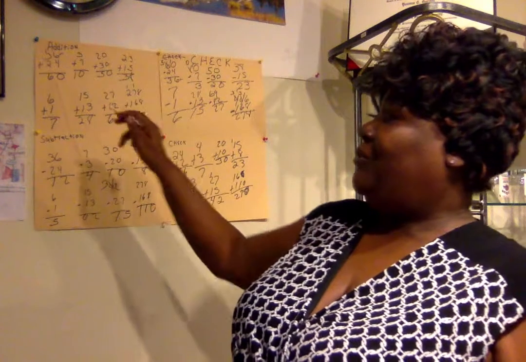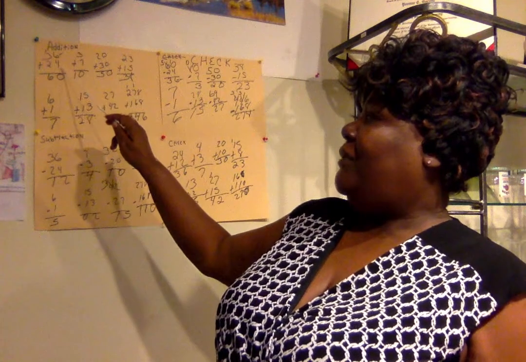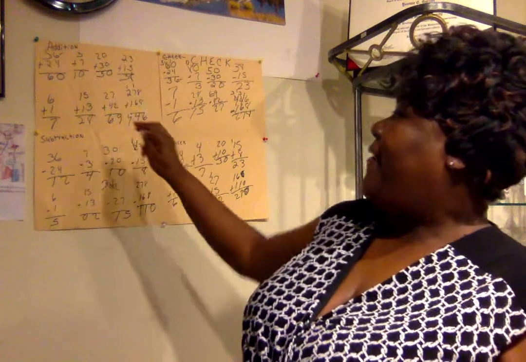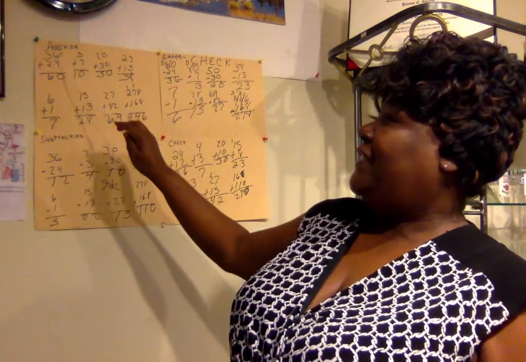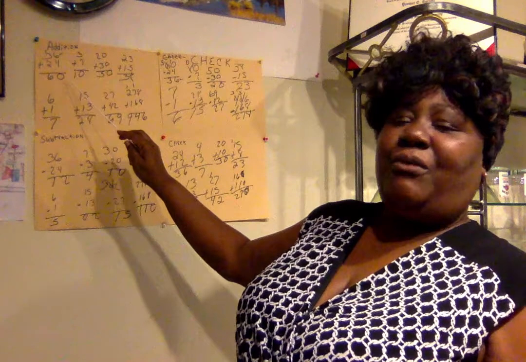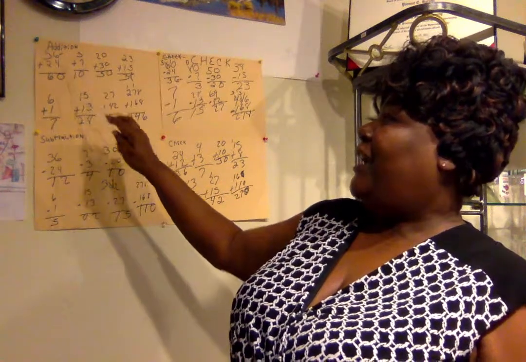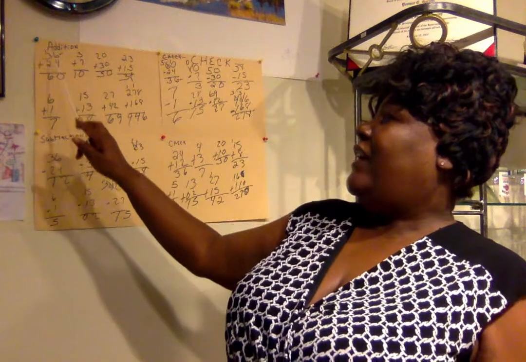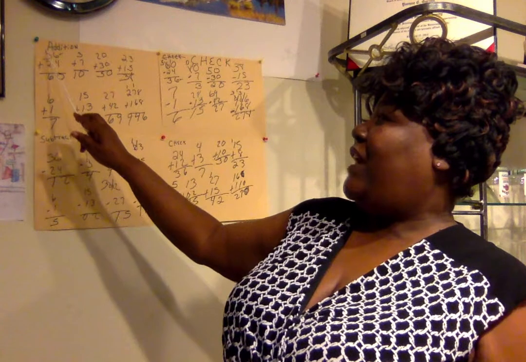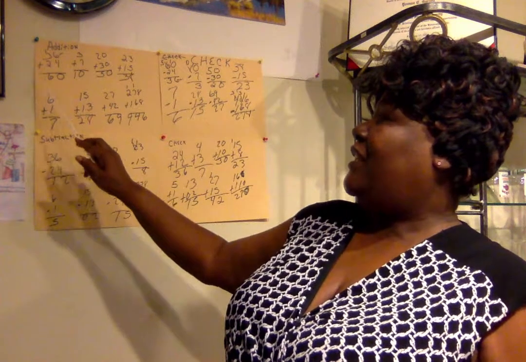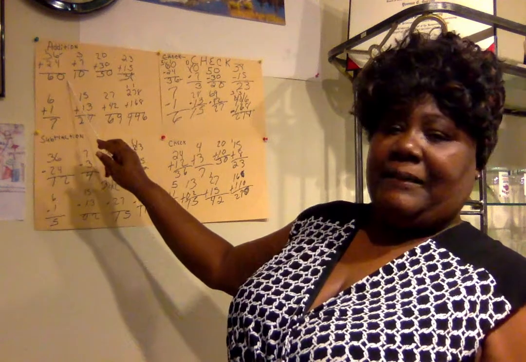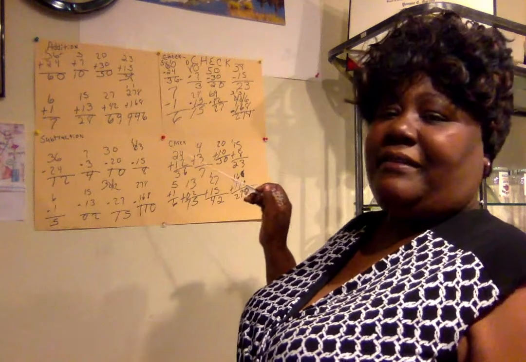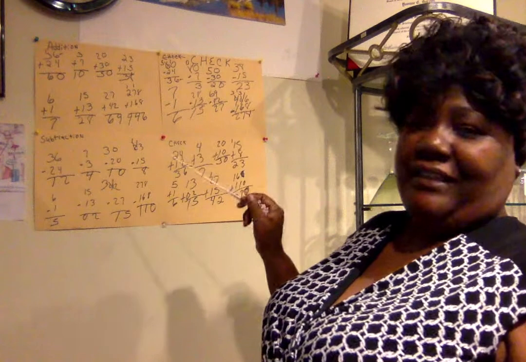So since it's just two numbers, we start off with the last one, and then we go to the first one, okay? 4 plus 6 is 10. So you don't write 10, you write 0, and you carry your 1 to the first place. And you say 2 plus 3 is 5, plus 1 is 6. Your answer is 60.